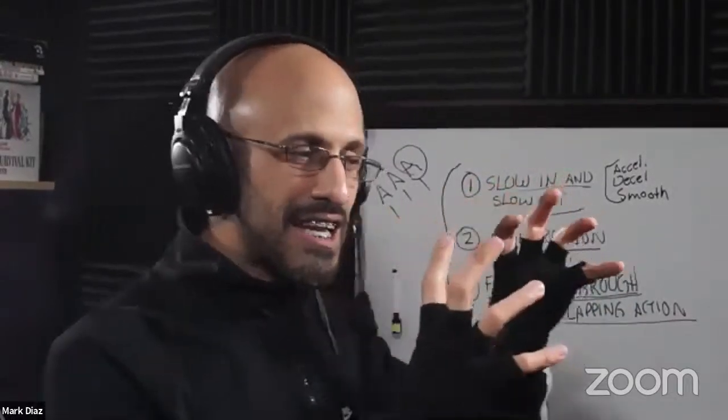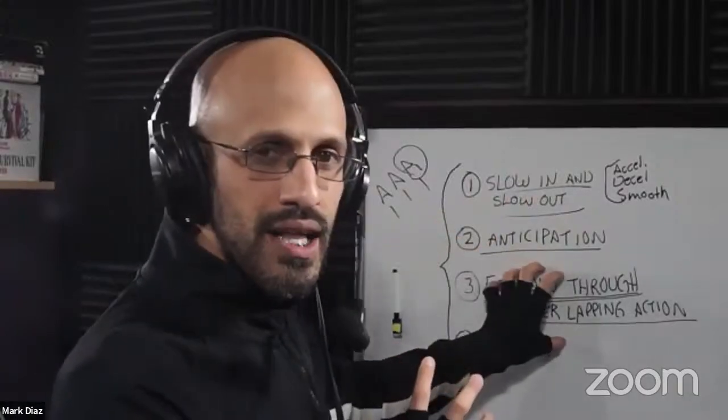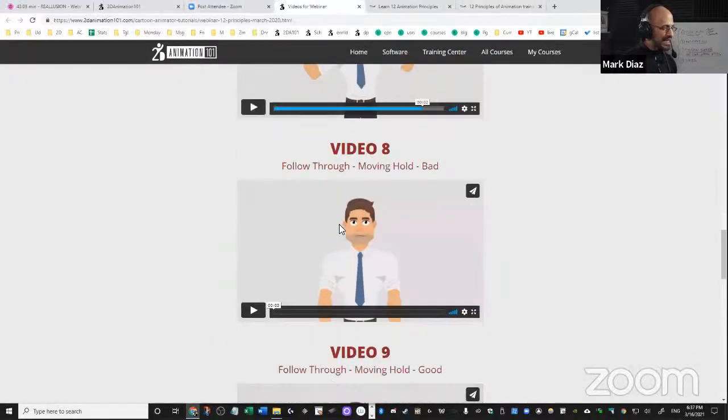So all those little things are things that make your animations come alive. What I'm going to show you now is an example of an animation that doesn't have moving hold and one that does have the moving hold. Moving hold is just this.